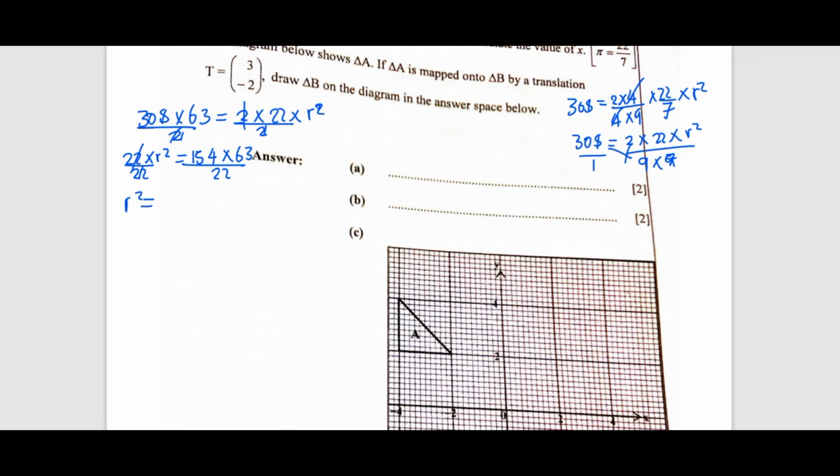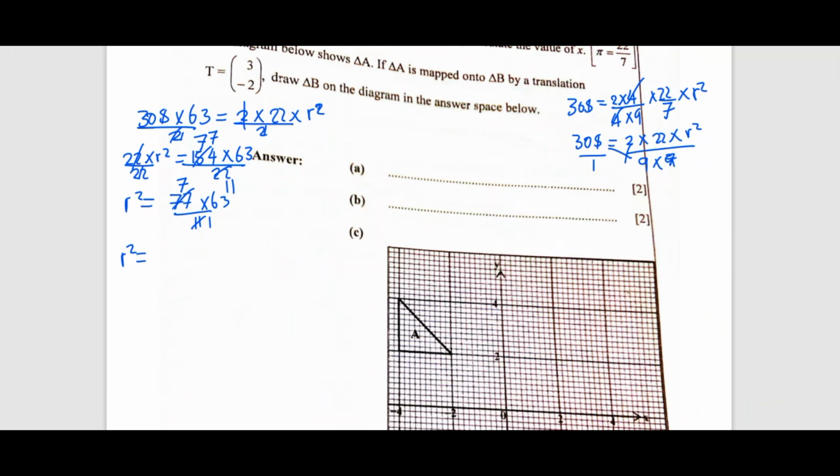So radius squared is equal to, what can we do here? We can reduce. 2 into 154 will give us 77. Then we have 77 times 63 over 11. So 11 here is 1, 11 here is 7.